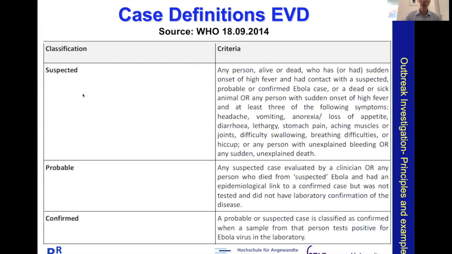And a new patient identified can probably move from suspected via probable to be a confirmed case. So at different stages, you at least have a clear overview of the potential size of the outbreak, and you can also, for further investigation, focus on those who are definitely cases of the disease you're looking at. Is that clear?